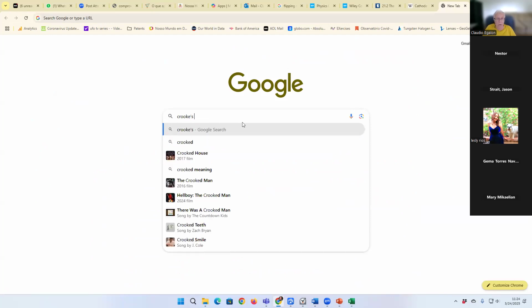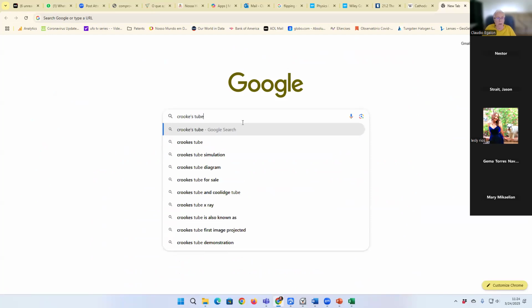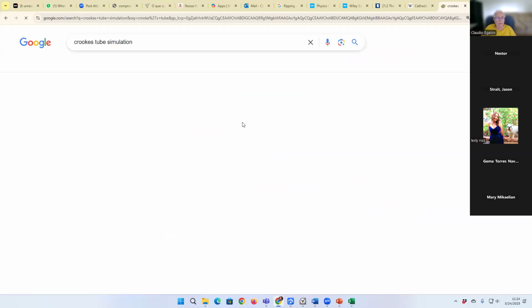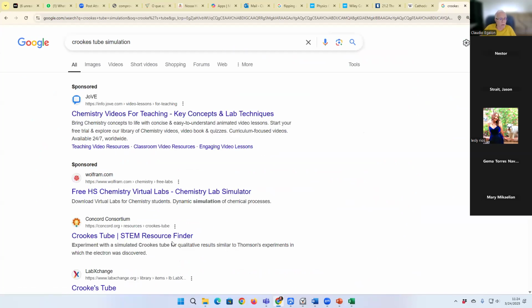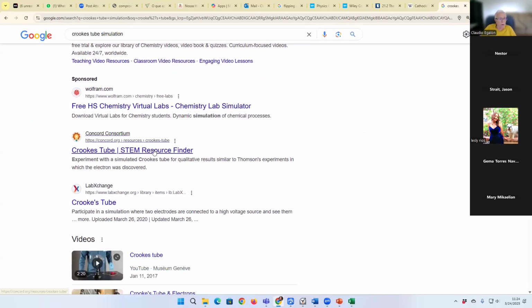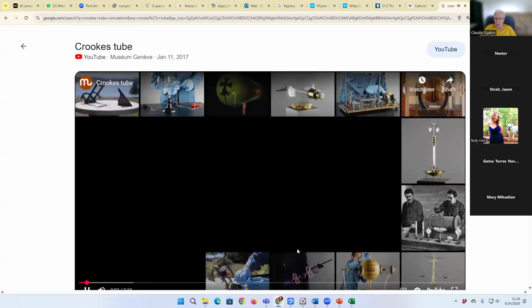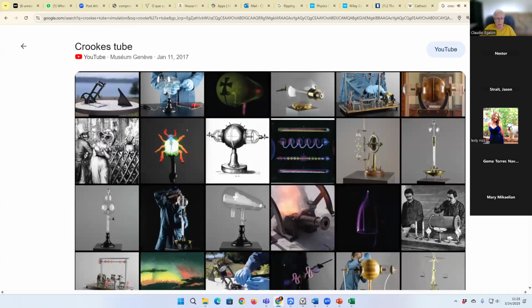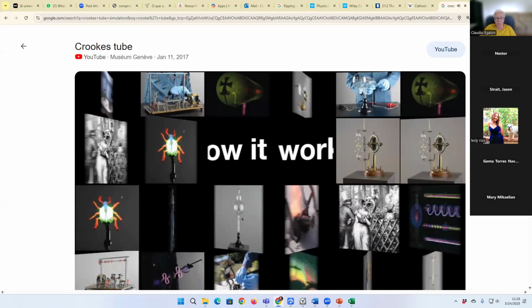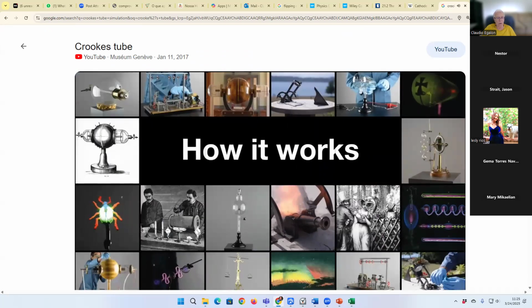Crookes tube. Let's see. We have a Crookes tube simulation. Let's take a look at this one here. Let's see if this is a good one. How the Crookes tube works.